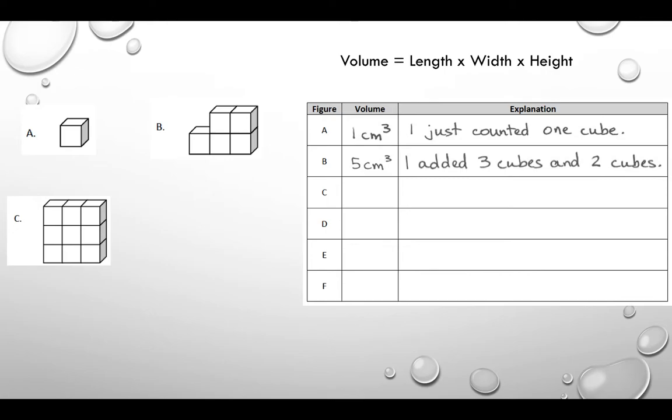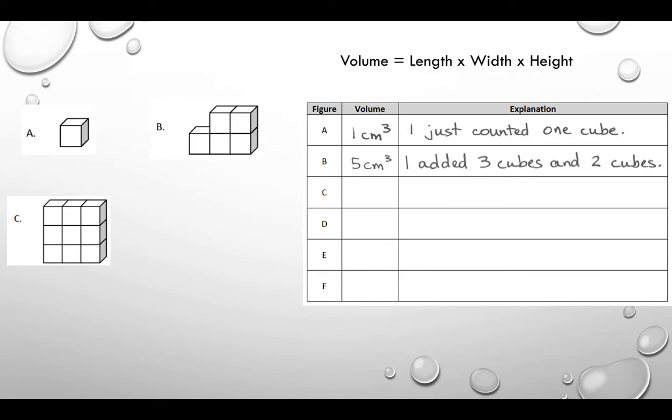We're going to follow that same strategy, figuring out how many we have on the bottom layer, the middle layer, and the top layer, and then combining them all together. Okay? You can also see now that we're getting the length and the height. We have 3 across and 3 up.